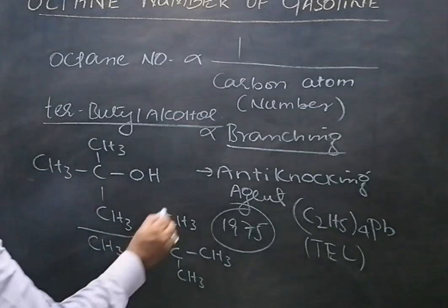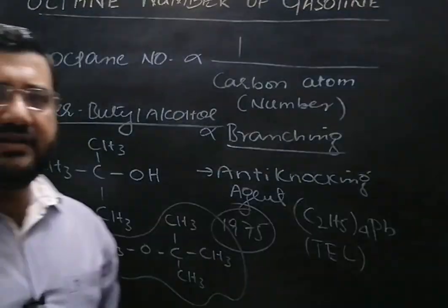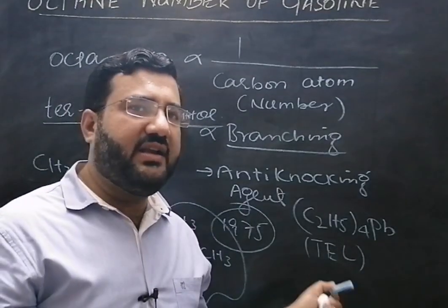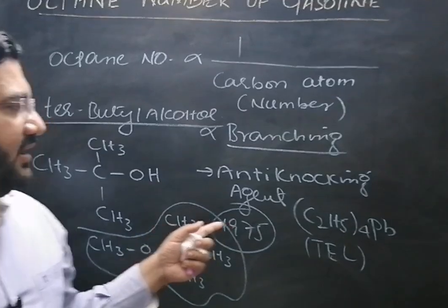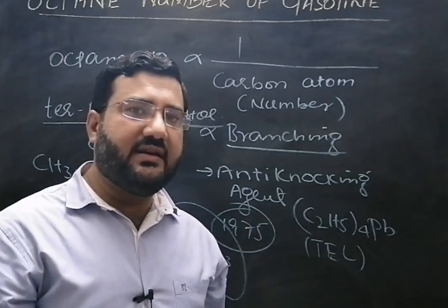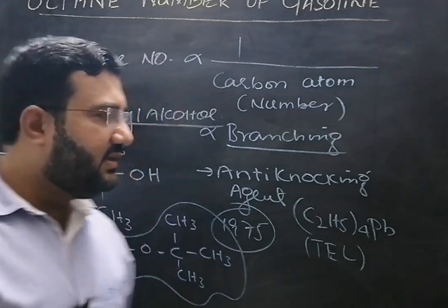So methyl tertiary butyl ether is also an anti-knocking agent used nowadays, but TEL is not used nowadays because it produces environmental hazards. It is hazardous to human health and also to the parts of the engine.